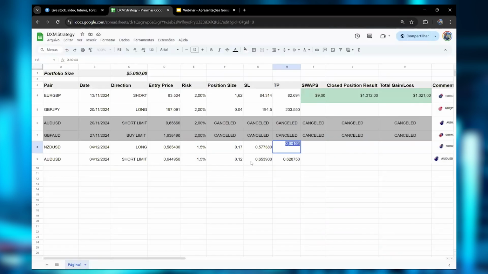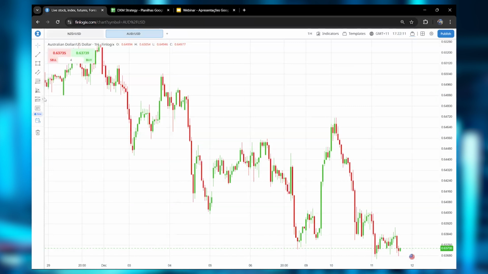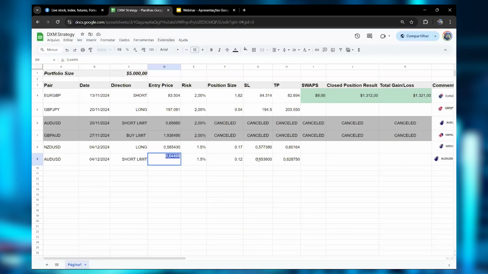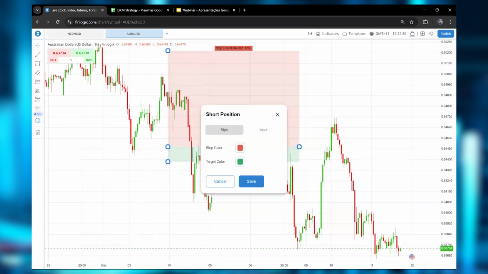So the Aussie dollar trade, we had an open price at, let me just grab this. And then we put in a short position on the 4th as well. So somewhere around here. Entry, right there. Stop loss.